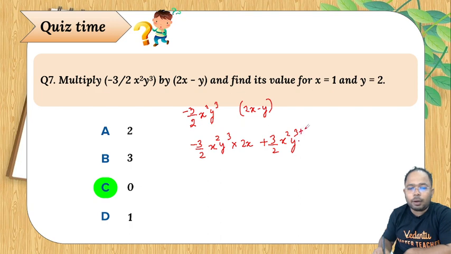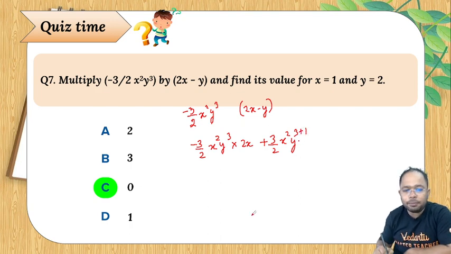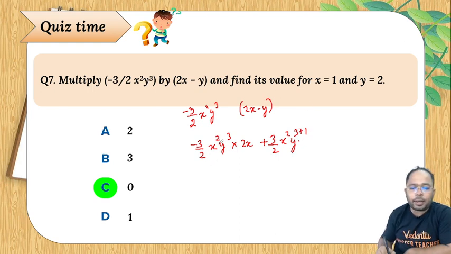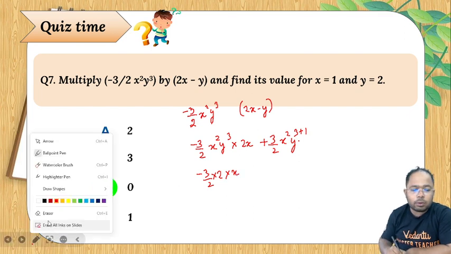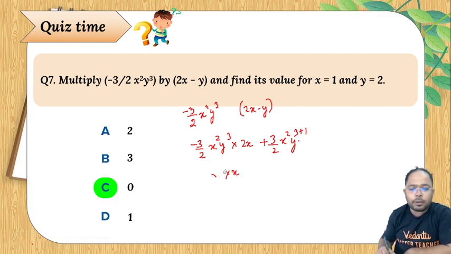That means y will get multiplied here. It will just get added, plus 1. All right, so what is there? Minus 3 by 2 into 2, so we can write x. All right, so let me clear this. Let me write first.